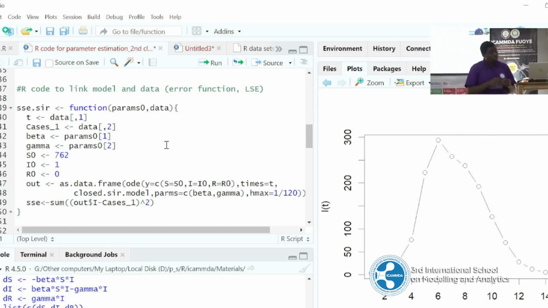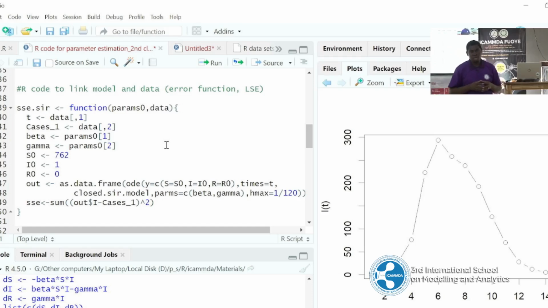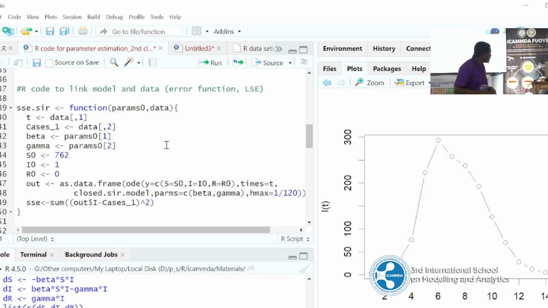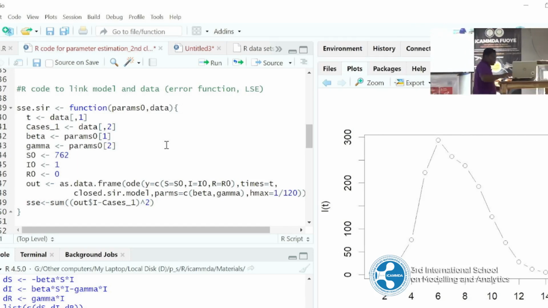I would need to create another equation for that, but since I'm not going that way, let me not bring that complexity here. At least understand how to fit in prevalence first. So I need prevalence as output from my model so that I can compare it with data.